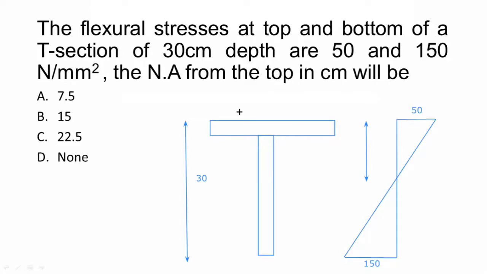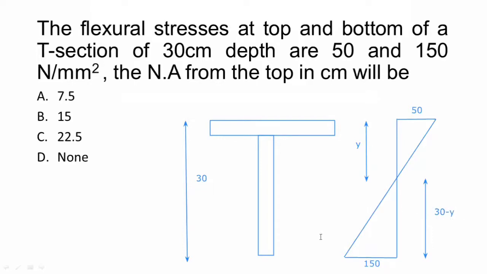So we shall assume that this depth is small y. Then we will get one more depth, here. So how much is this depth? If y is the depth from top up to neutral axis, this will be 30 minus y. And we have to find the y value.